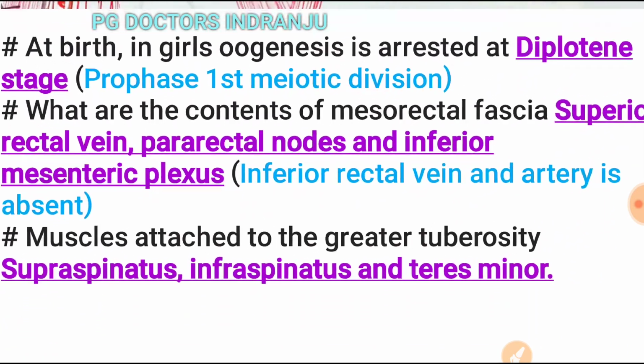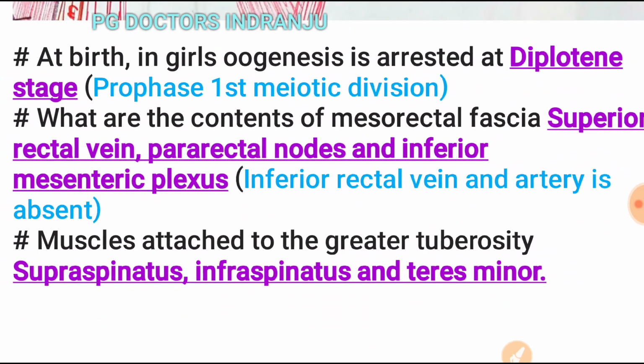Next, at birth in the girl, oogenesis is arrested at the diplotene stage of prophase of the first meiotic division. Let me describe it, starting with oogenesis. Oogenesis starts with the primordial follicle.